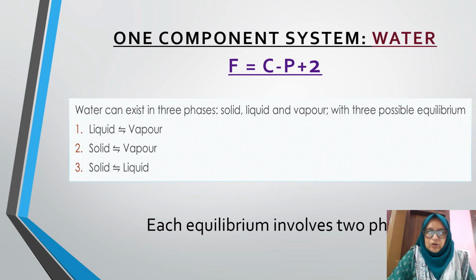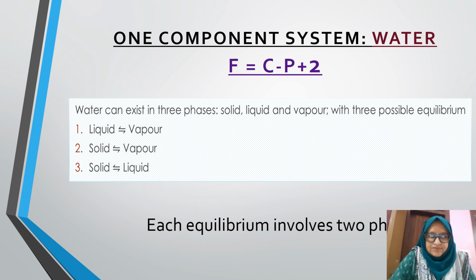Now in this particular system, water, we all know it can exist in three different phases: solid, liquid, and vapor, with these possible equilibria. There can be an equilibrium between liquid and vapor, between solid and vapor, and between solid and liquid. So each equilibrium involves two different phases. In the first equilibrium, liquid and vapor, the component is 1 but phases are 2.